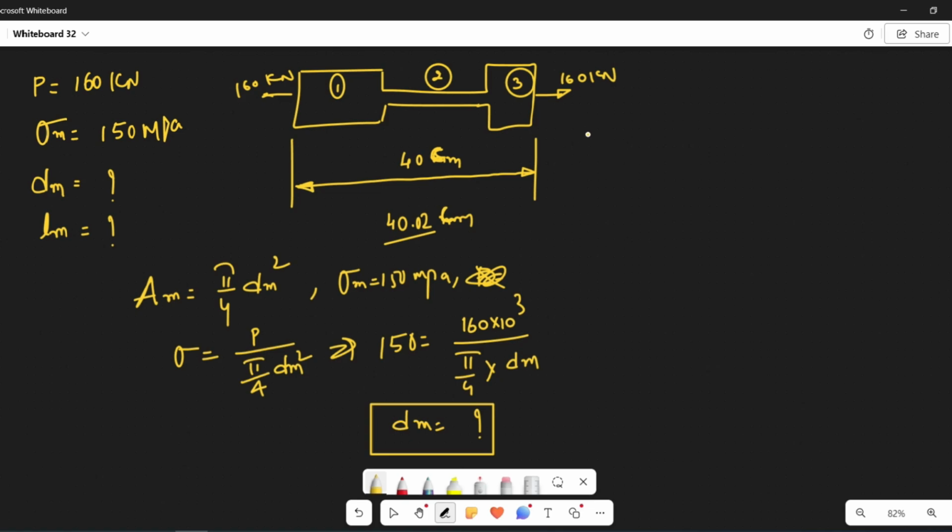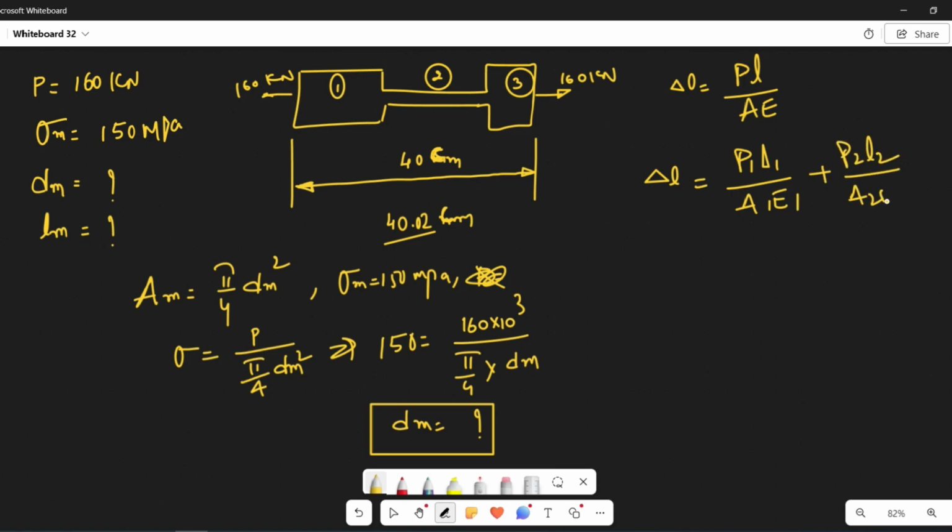We know the equation for change in length, or deformation: PL by AE. The total deformation is 0.2, so L1 by A1 plus L2 by A2 plus L3 by A3.